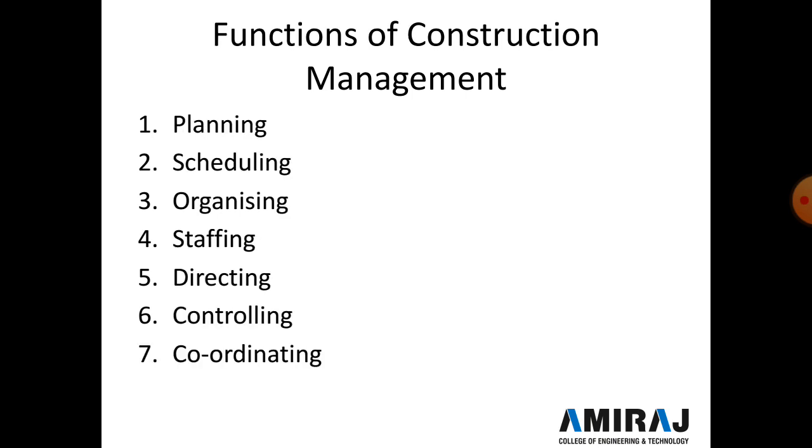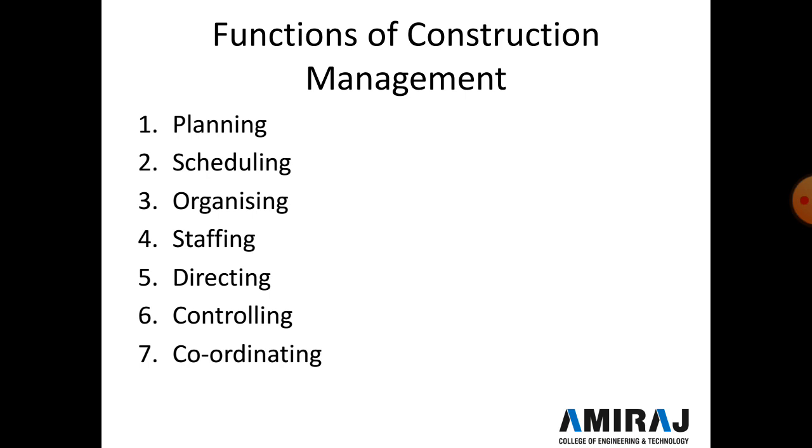Now next is the functions of construction management. There are a total of 7 functions of construction management. First is planning, second is scheduling, third is organizing, fourth is staffing, fifth is directing, sixth is controlling, and seventh is coordinating.